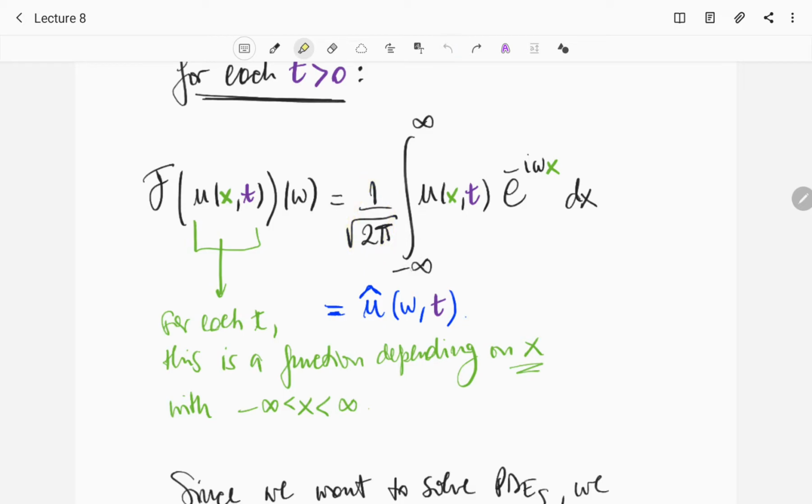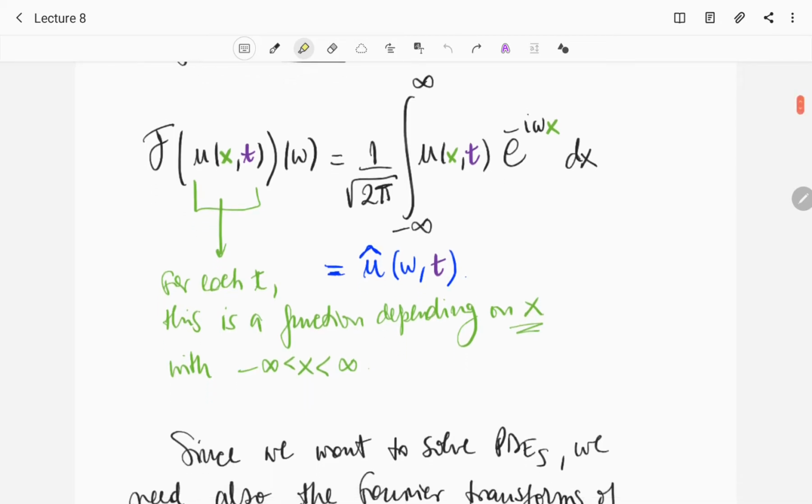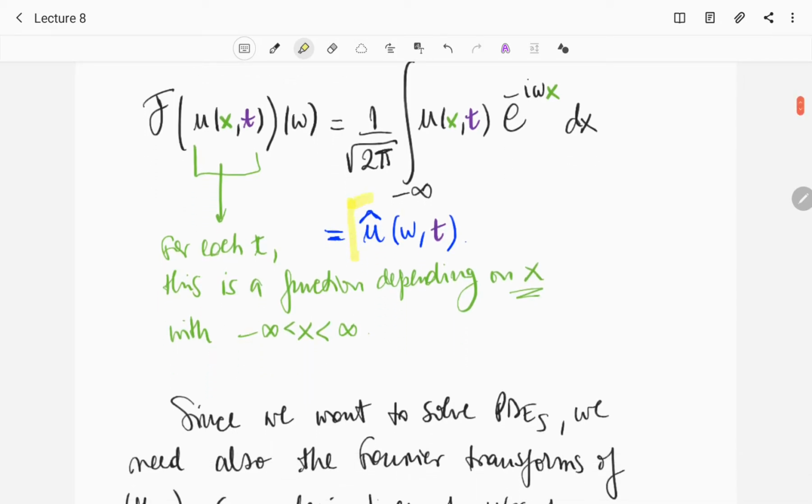Okay, so now here we are using the definition, which, if you remember, has this factor in the front and is the improper integral from minus infinity to infinity of the function times the complex exponential. Remember, the variable x is here. We use this short notation just because it's convenient.